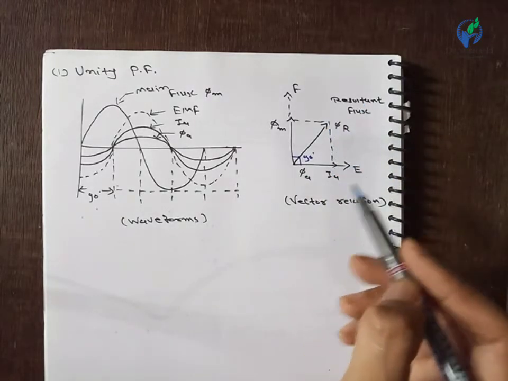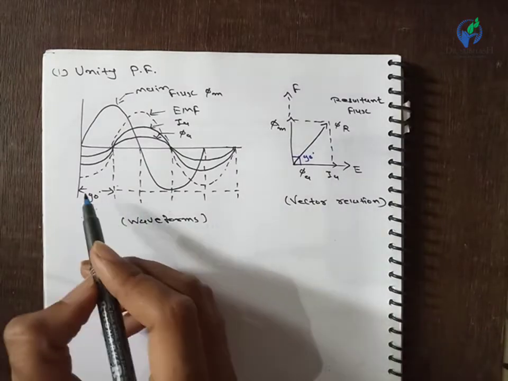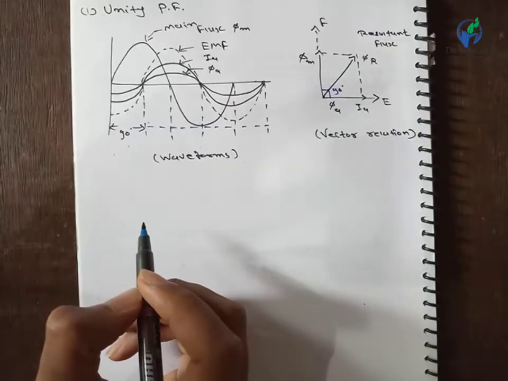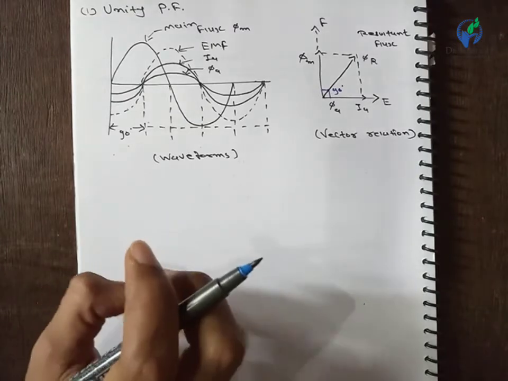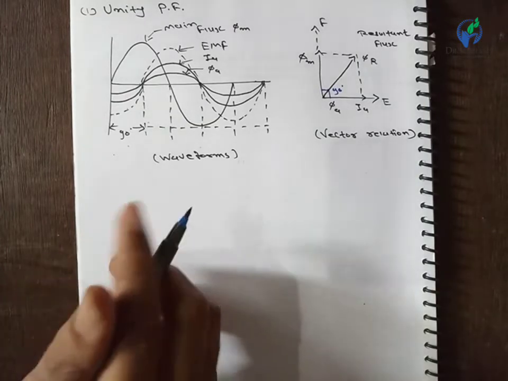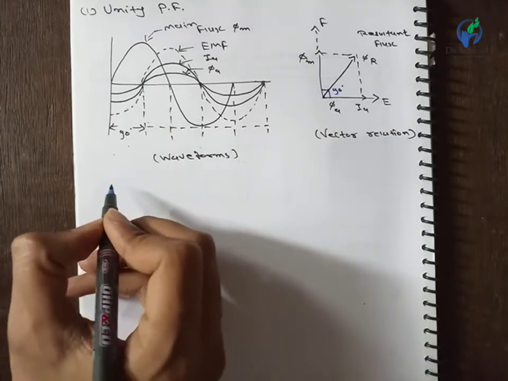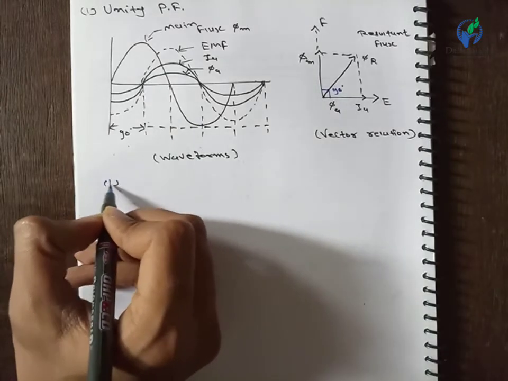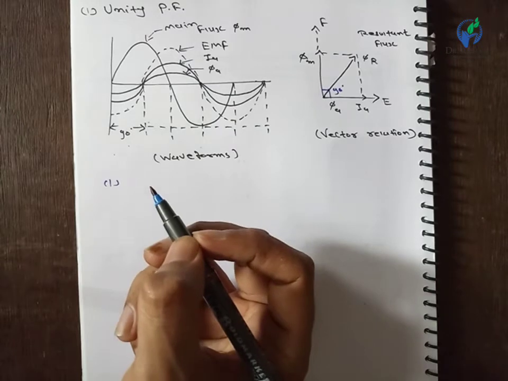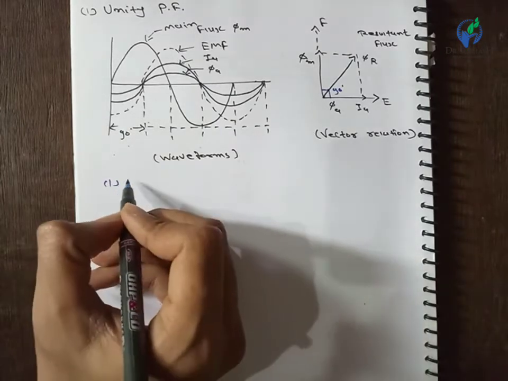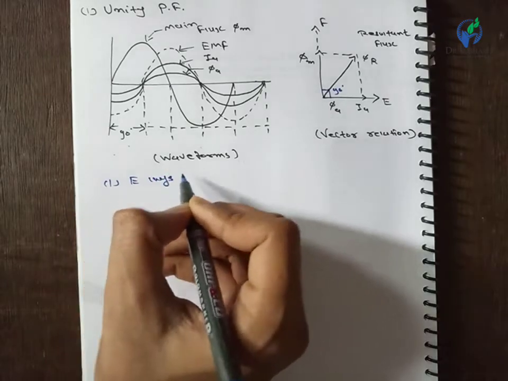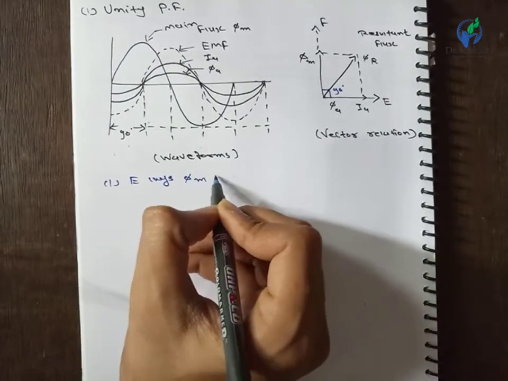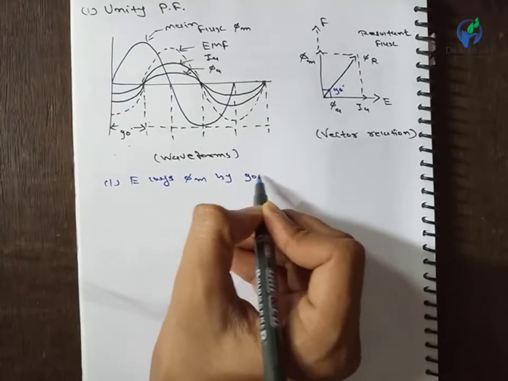Using the waveform in the unity power factor condition, we take some important points for notation. The first point is that E lags phi m by 90 degrees. Here the EMF E lags phi m by 90 degrees.